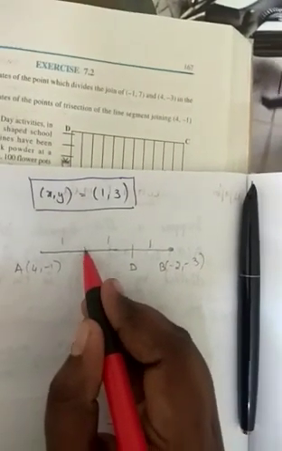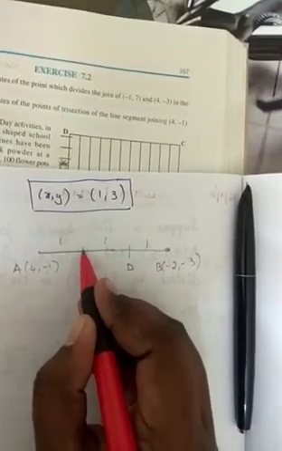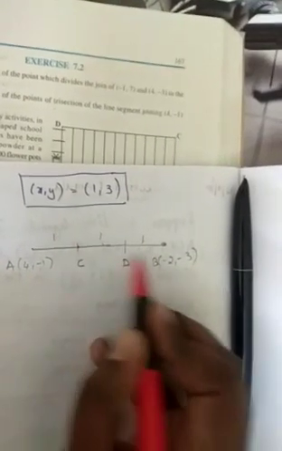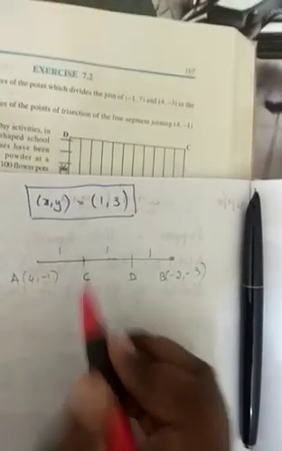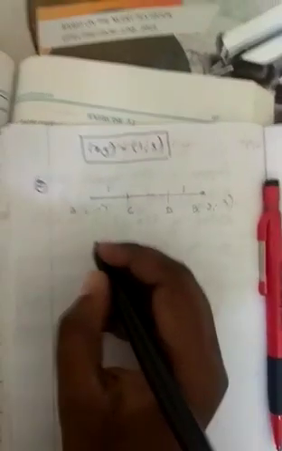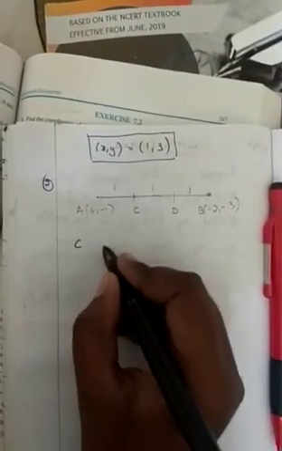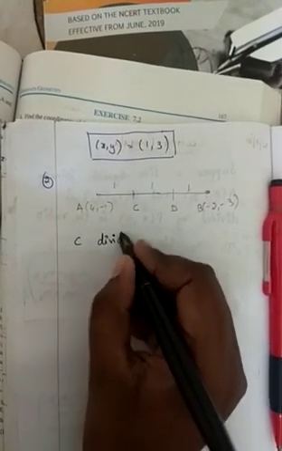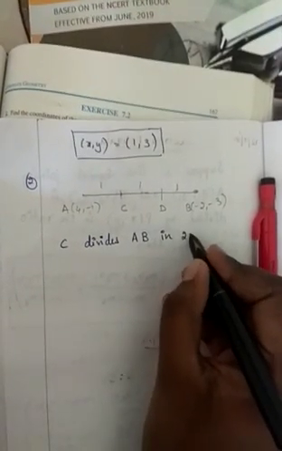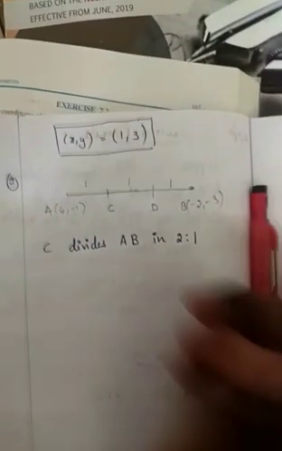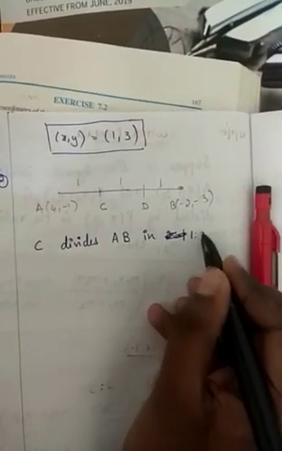Now look carefully. What is the ratio for C? On this side it is 1, and on the other side it is 1 plus 1, 2. So the ratio of C is 1:2. First we are going to find C. C divides AB in 1:2.